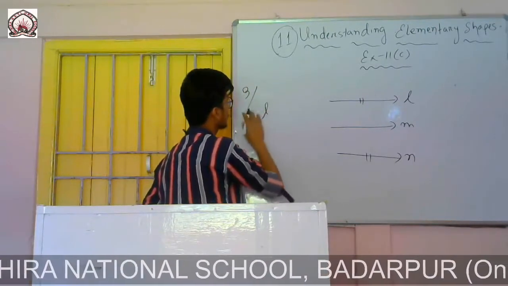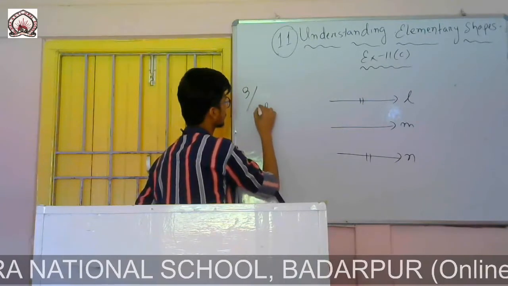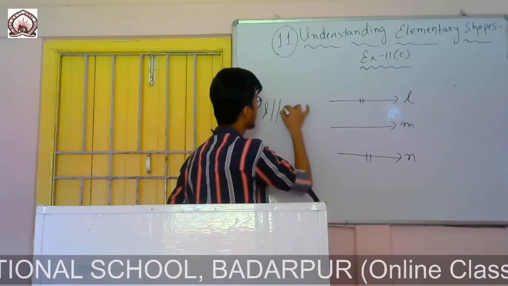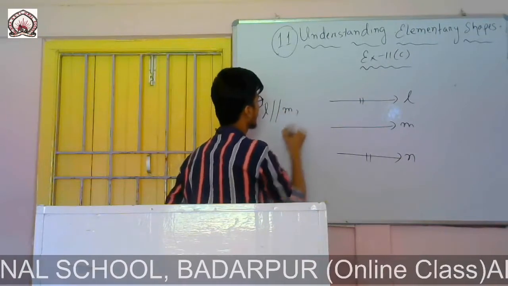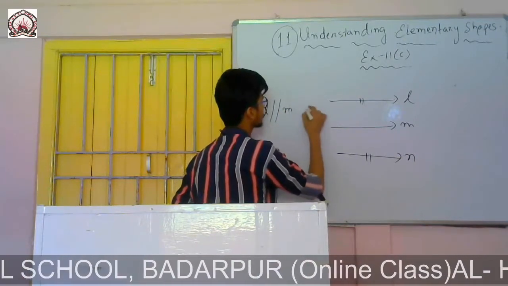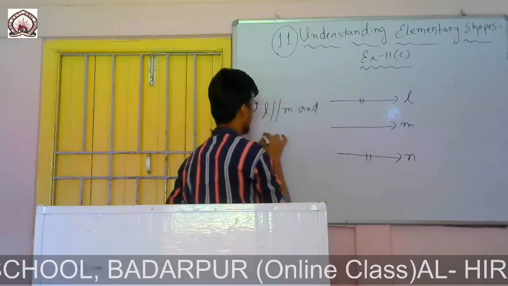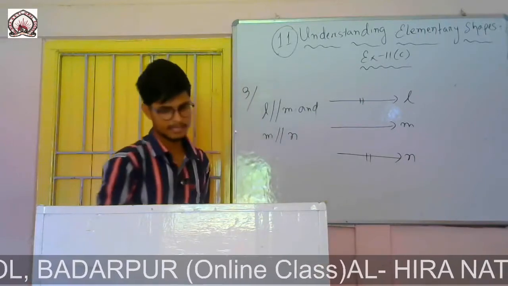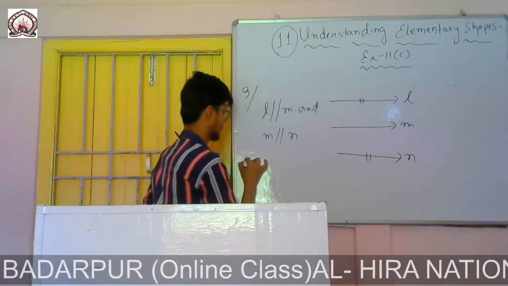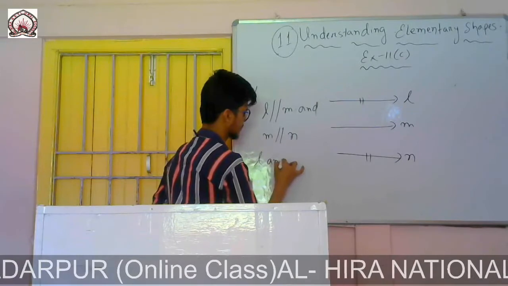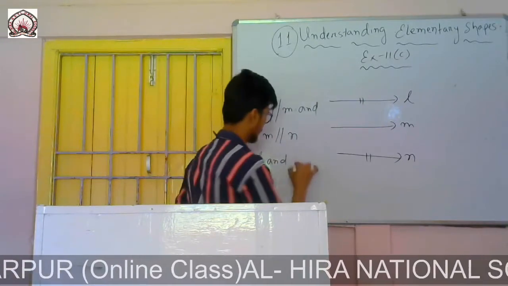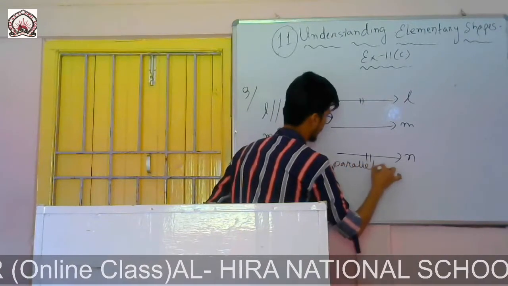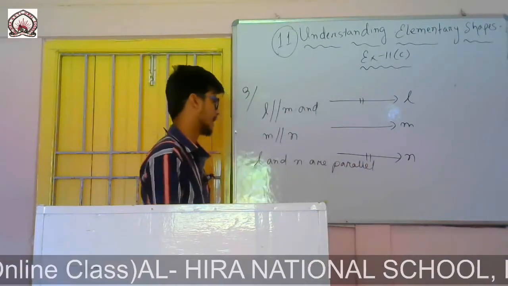You write it like this: since L is parallel to M and M is parallel to N, therefore L and N are parallel.